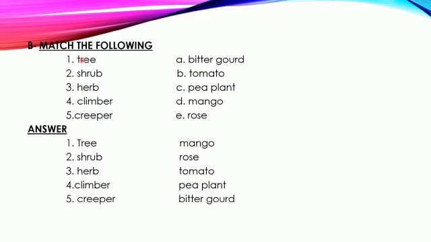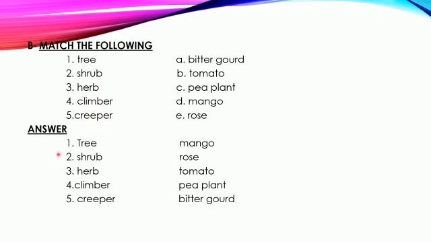See, tree. Against tree, it is written bitter gourd, but bitter gourd is not a tree. In the same way, tomato is not a shrub, pea plant is not a herb, mango is not a climber, and rose is not a creeper. So we have to match them correctly.